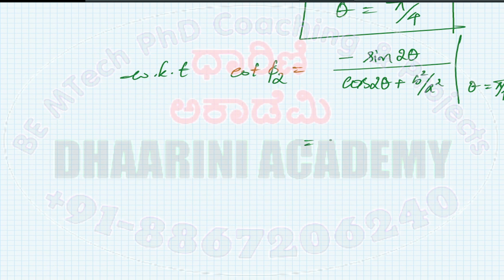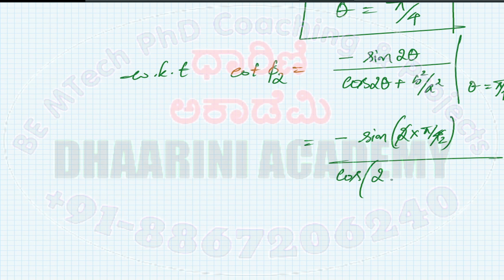So this is minus sine of 2 times pi by 4, so this becomes pi by 2, all divided by cos of 2 into pi by 4 plus b square by a square.